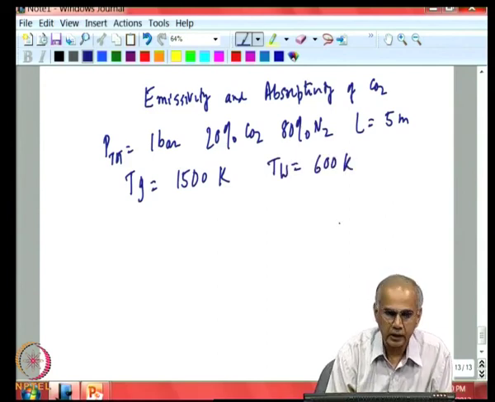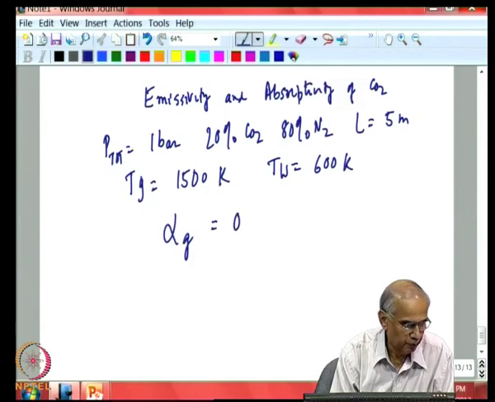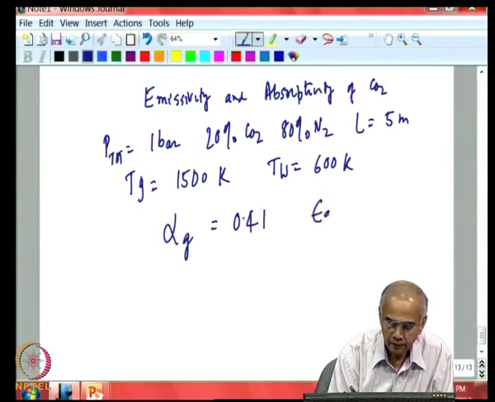And when we did the calculation last time, we saw that the absorptivity of the gas was around 0.41, while the emissivity was 0.18.